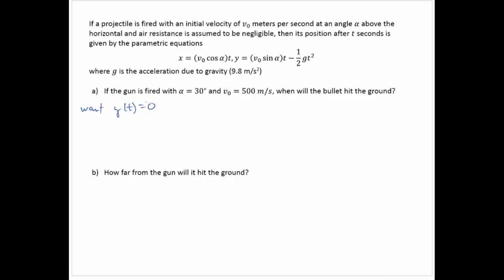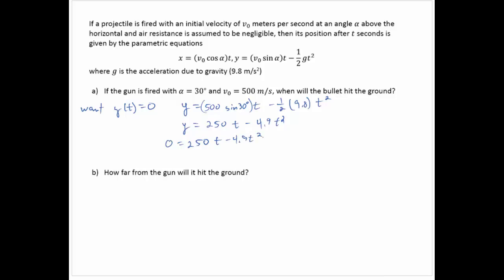Well, y is equal to 500 sine 30 degrees t minus 1/2 of 9.8 t squared. Simplifying this, sine of 30 degrees is 0.5, so we get 250t minus 4.9t squared. And we want that to be 0, right? We want 0 to be equal to 250t minus 4.9t squared.